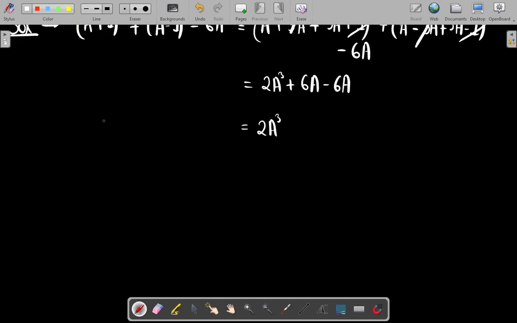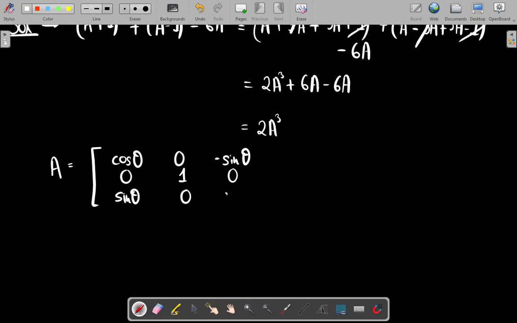Now the matrix A is cos theta, 0, minus sin theta; 0, 1, 0; and in the third row, sin theta, 0, cos theta. A general trend is that if a matrix has thetas in it, chances are that these are rotation matrices and these are usually orthogonal.